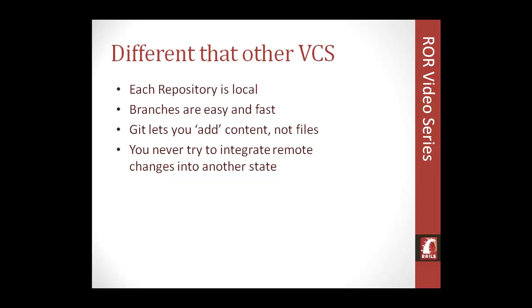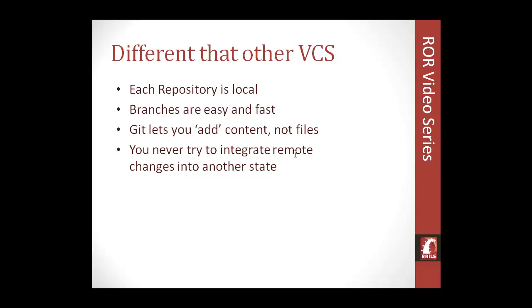Now, I probably went over most of this. It's different from other version control systems in that it's local, and branches are easy and fast, which makes it awesome for collaboration. It lets you add content, not files. So it takes snapshots of changed content as opposed to just uploading files. So it's much more intelligent than any other kind of version control software.